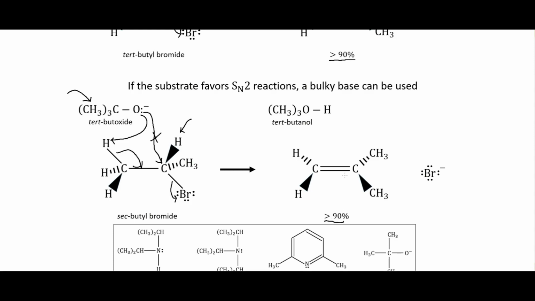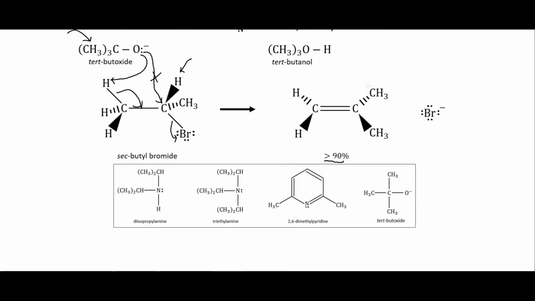And the box here shows some common bulky bases that are used for this E2 reaction: diisopropylamine, triethylamine, 2,6-dimethylpyridine, and tert-butoxide, which is what we were showing up here.